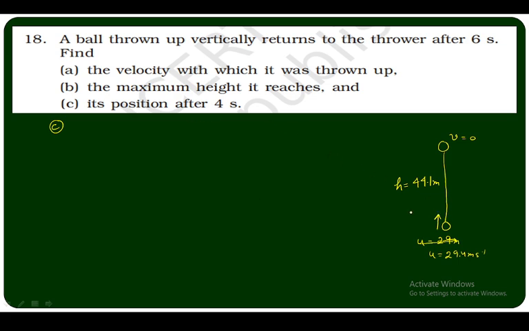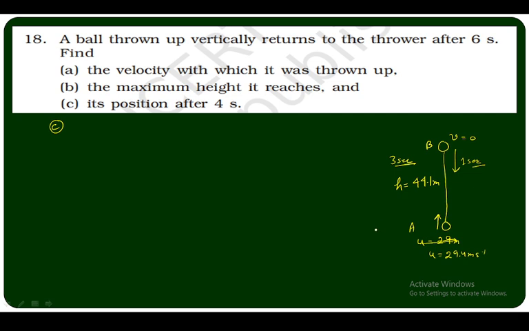Actually, from A to B it takes 3 seconds. We start from A, it goes up to point B after 3 seconds. But we have to find its position after 4 seconds. That means at that time it was falling for 1 second.